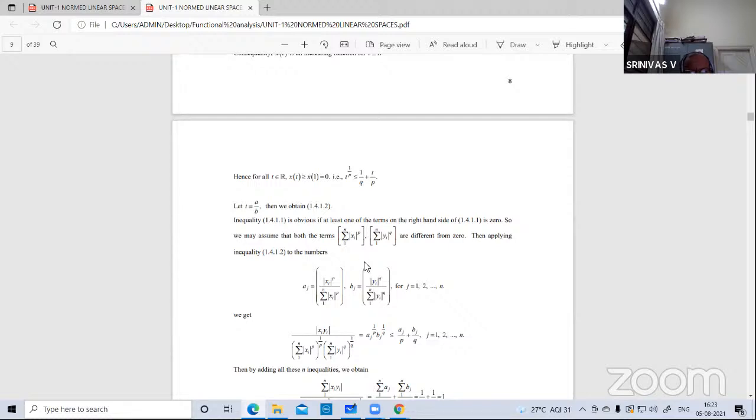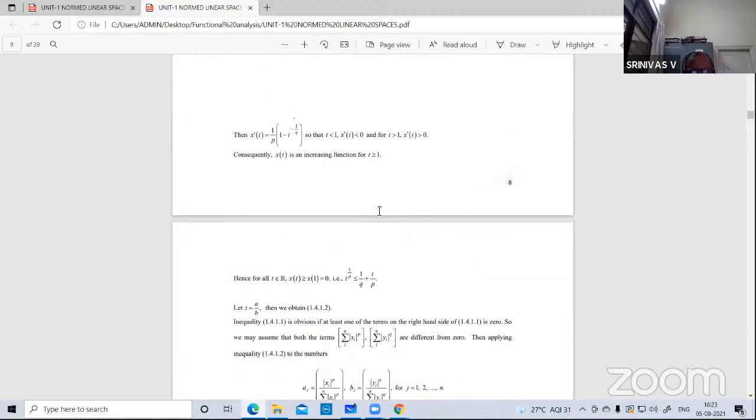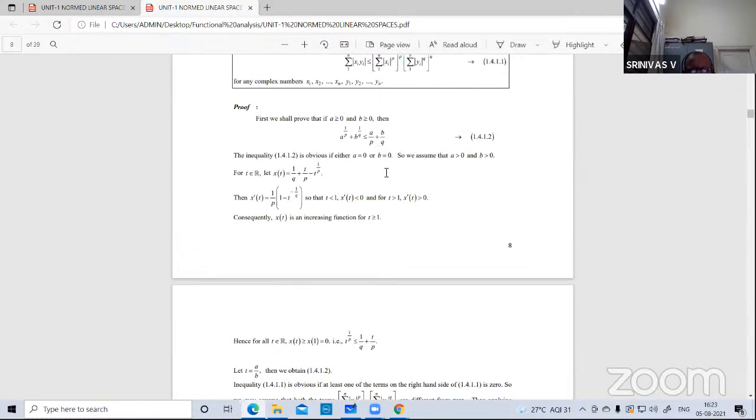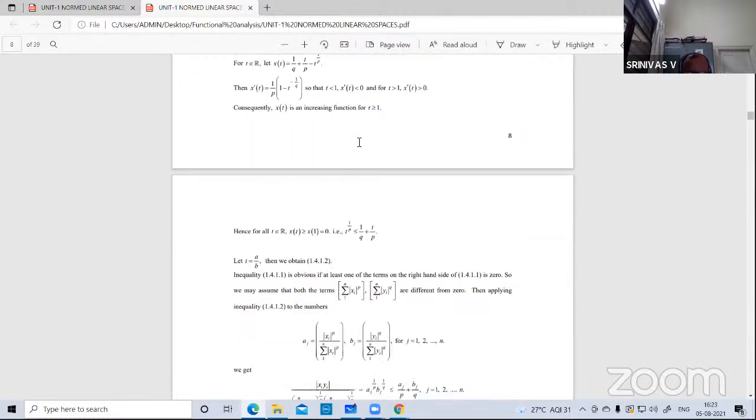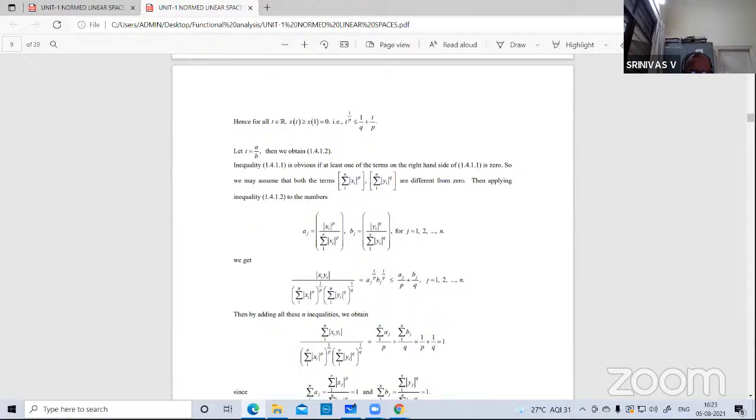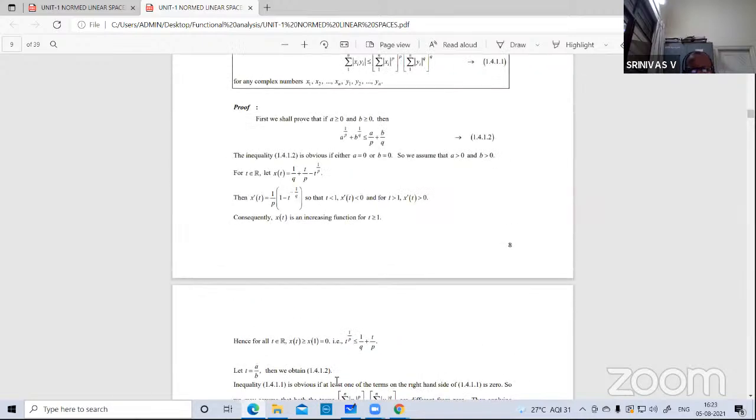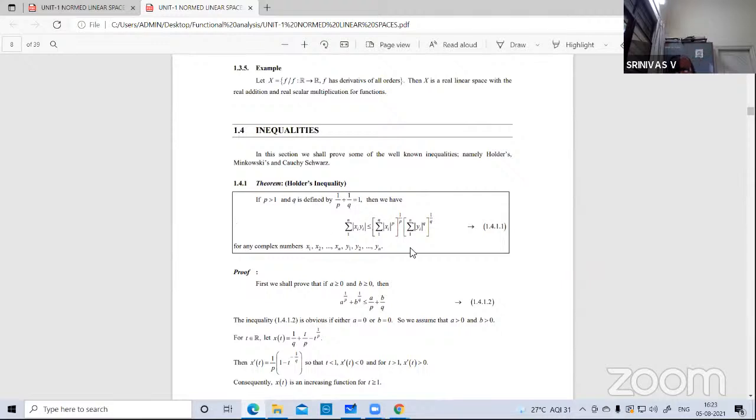In this inequality, with a dot instead of plus, we replace a and b by aj and bj, taking proper choices for aj and bj. That helps us obtain this inequality. This is very important to prove certain norms on certain vector spaces.